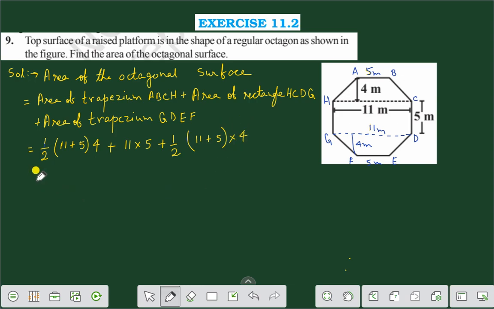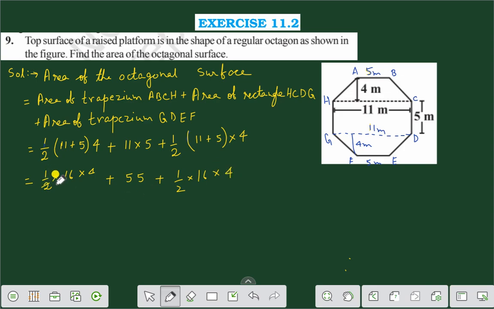Therefore we are getting 1 by 2 into 11 plus 5 is 16 into 4, plus 55, plus 1 by 2 into 11 plus 5 is 16 into 4.